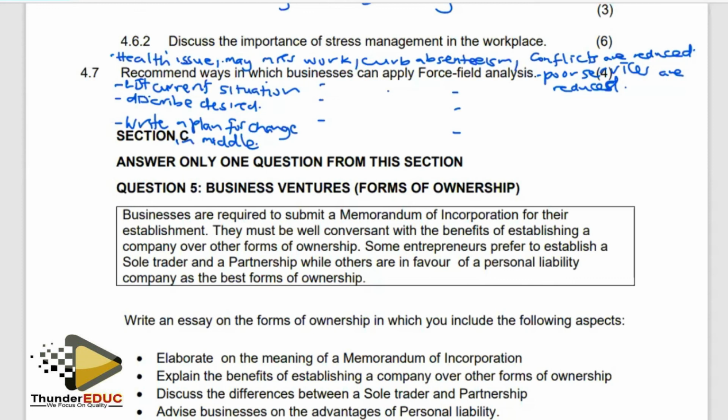Look at what factors are driving and what factors are resisting.